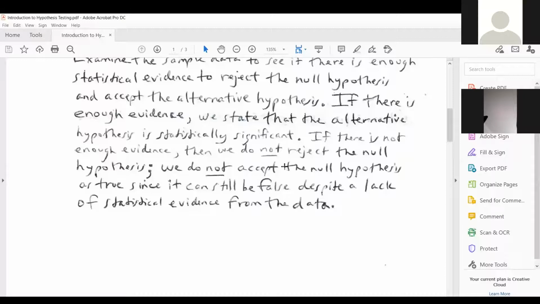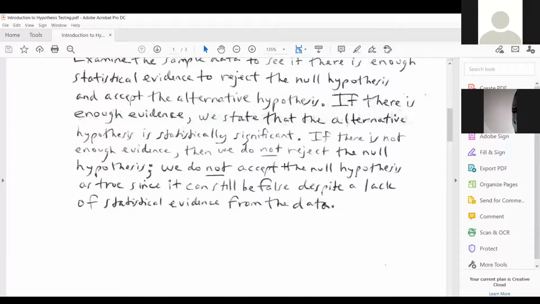There's not enough evidence to reject the null hypothesis. The person goes free, right? The null hypothesis is that the person is not guilty, and we didn't have enough evidence to reject that hypothesis. The person goes free. But it does not mean that the person was not guilty. It just means there wasn't enough evidence to convict. It's still possible that the person committed the crime.